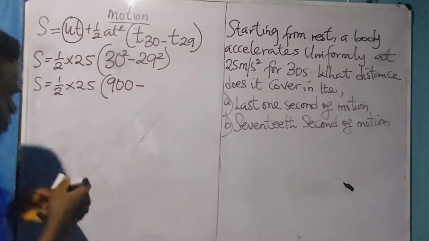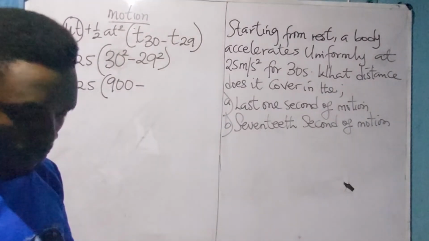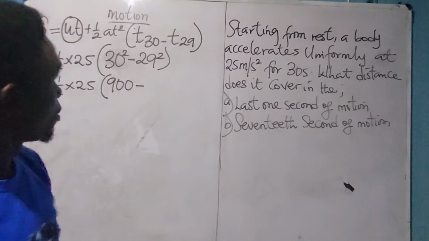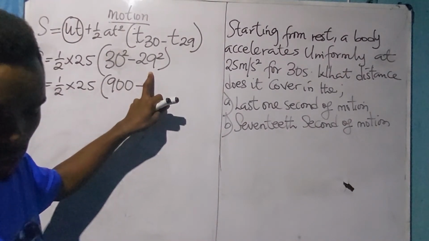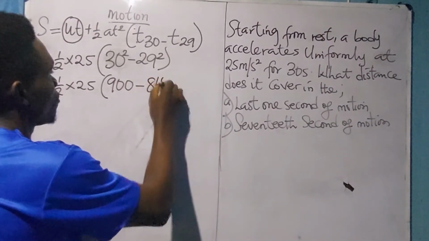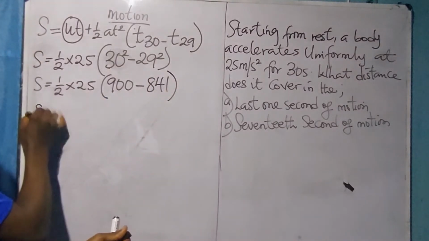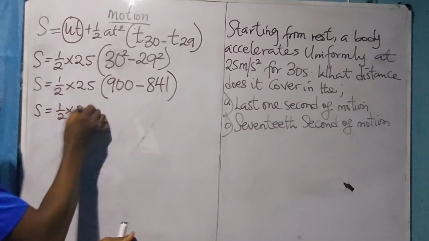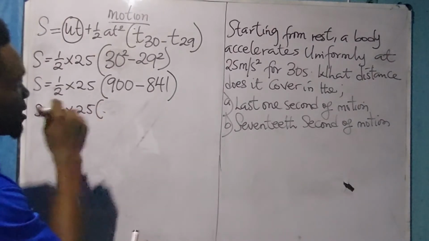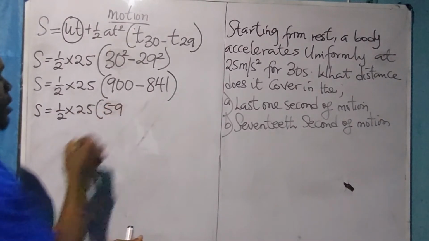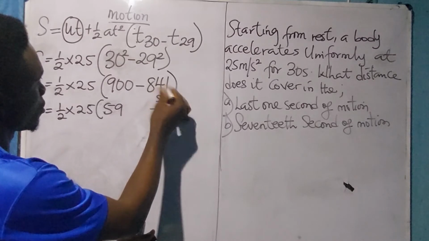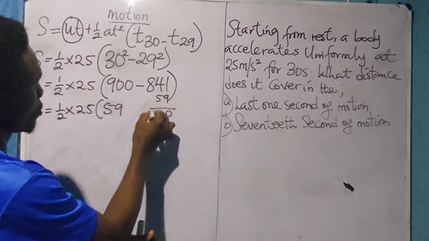We now have that S equals 1 over 2 times 25, then open bracket, 900 minus, permit me to use the calculator, 29 squared, 29 times 29, and that is 841. So S equals 1 over 2 times 25 times (900 minus 841), which is 59.